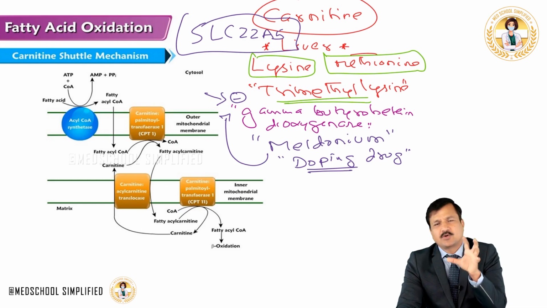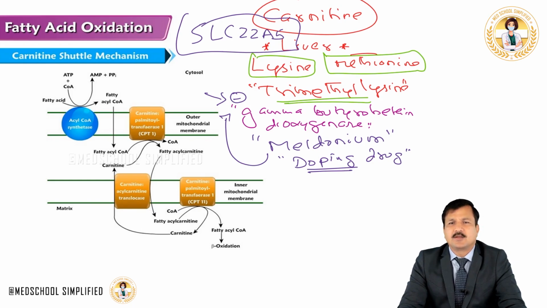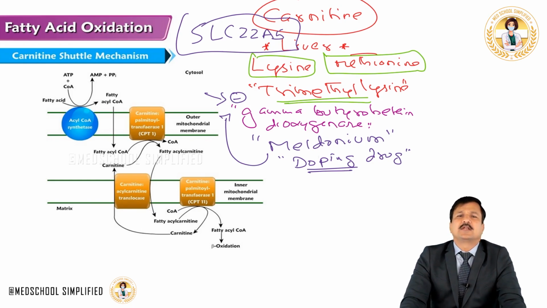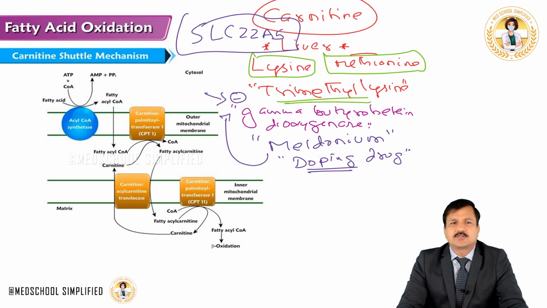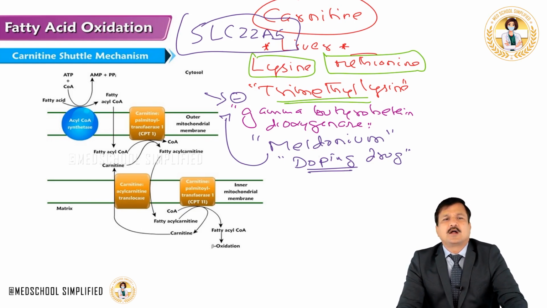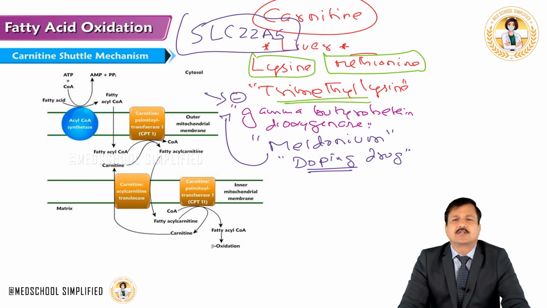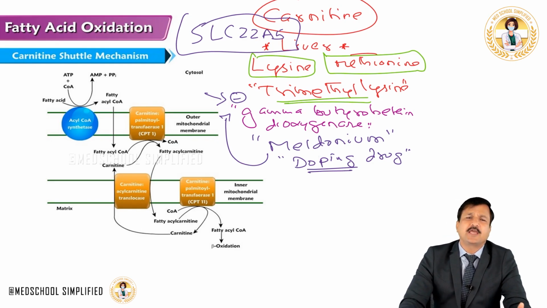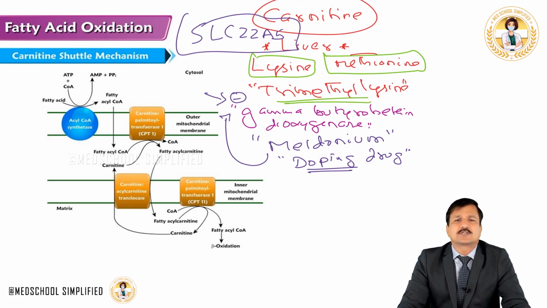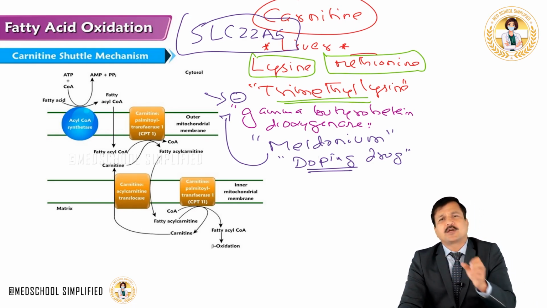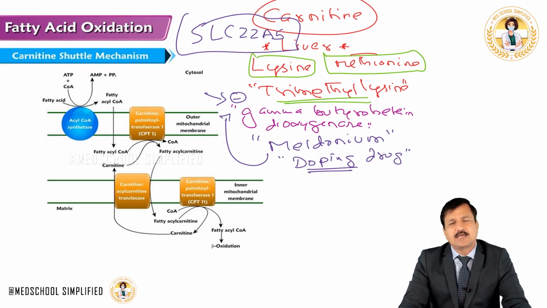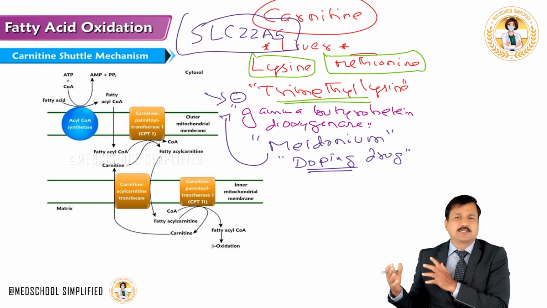By doing this, overall meldonium decreases availability of carnitine for the carnitine shuttle mechanism. Thus the decreasing L-carnitine levels in the tissue and plasma decrease fatty acid oxidation and thereby mitochondrial ATP generation. This way, meldonium causes cardiac reconditioning by diverting ATP production from oxidation of fatty acids to glycolysis.